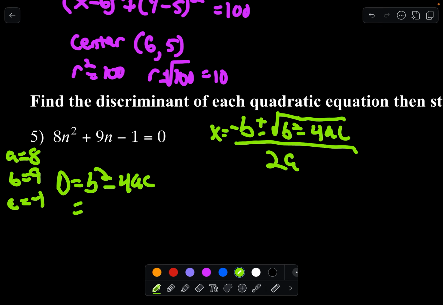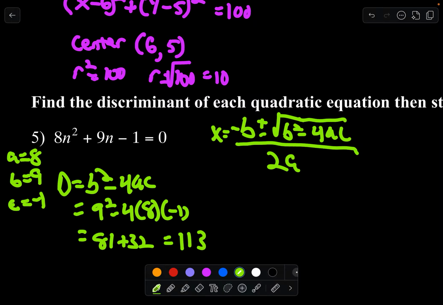So that's going to be 9 squared minus 4 times 8 times negative 1. That equals 81. Negative 4 times 8 is negative 32, times the negative 1 is a positive 32. 81 plus 32 is 113.